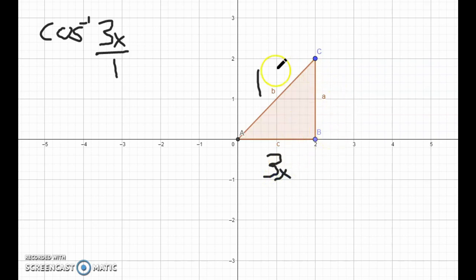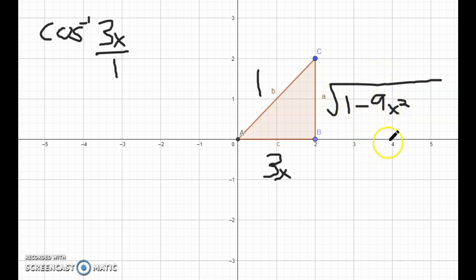Now, this is a little bit harder, but once again, it's within our capabilities. Our hypotenuse is 1, so that's 1 squared minus side squared, so that's 9x squared. And that's what this side is. We cannot simplify that at this time. We don't know what x is, so this algebraic expression is the equivalent of this side.